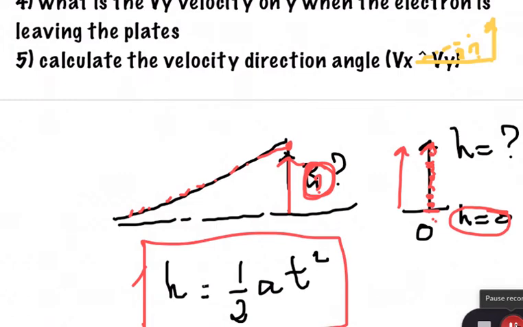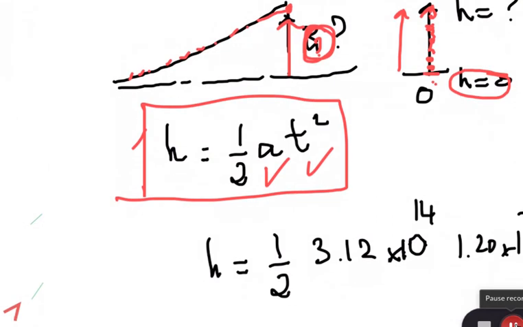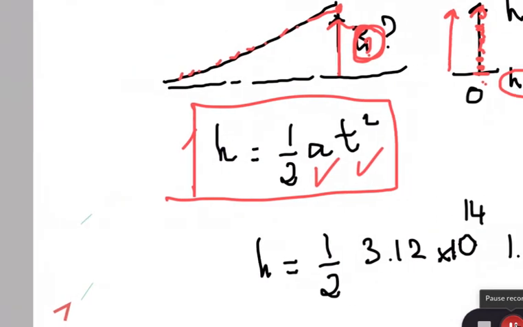So h equals 1/2 a t squared. Since we have already calculated the time and the acceleration, we are just plugging them in. Then we're going to see this equation here.